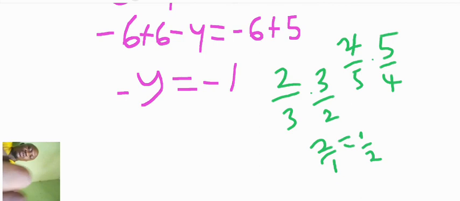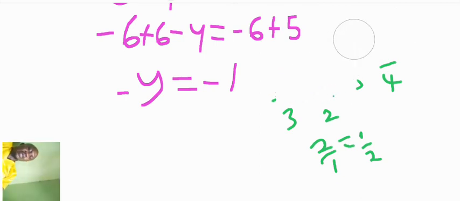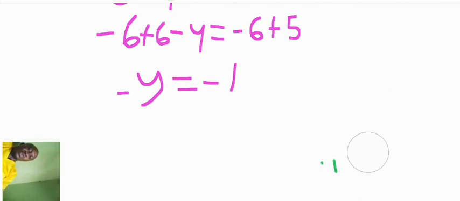Okay, so let's continue with our work. The coefficient of y here is -1. So you ask yourself, what will you do to that -1 to get 1? It means that we are looking for the multiplicative inverse of -1. And what would that number be?